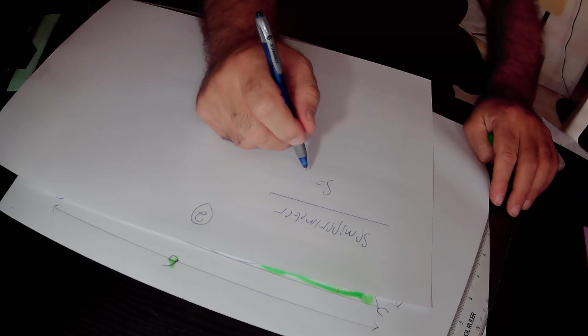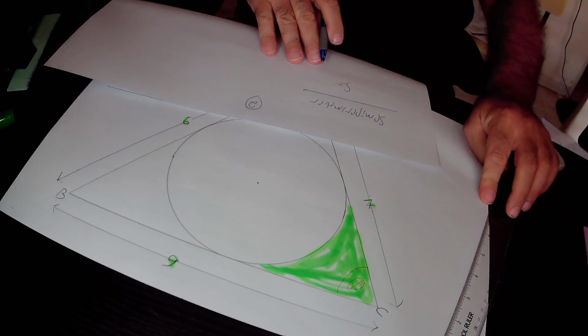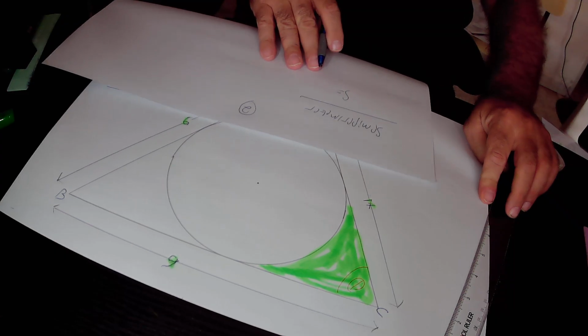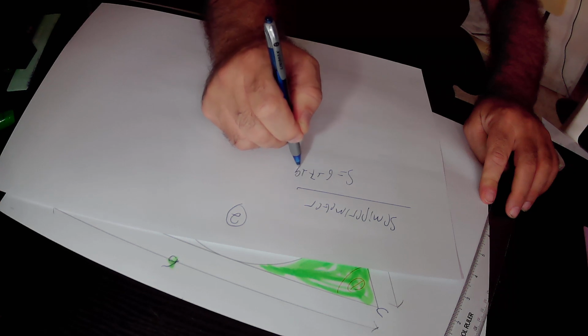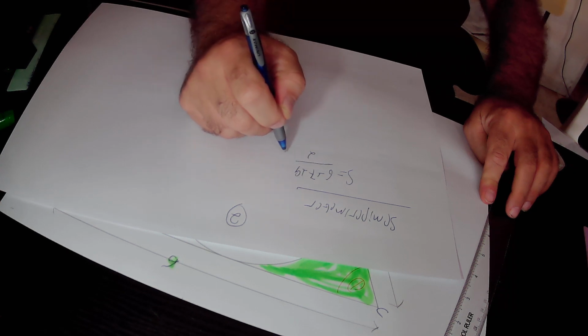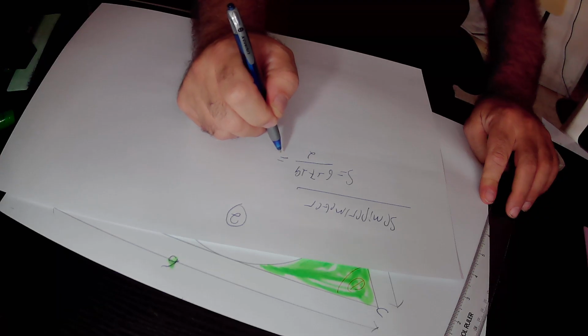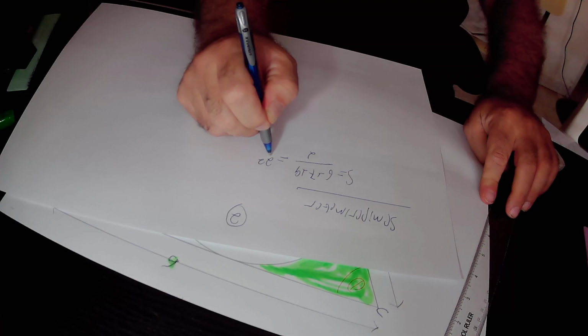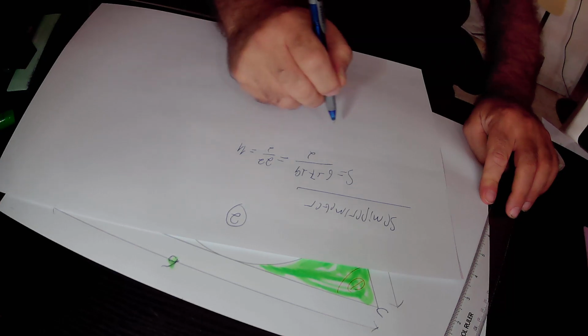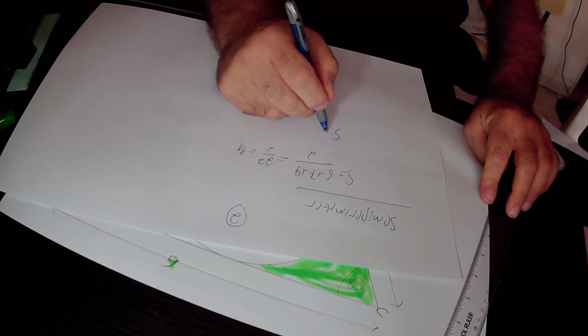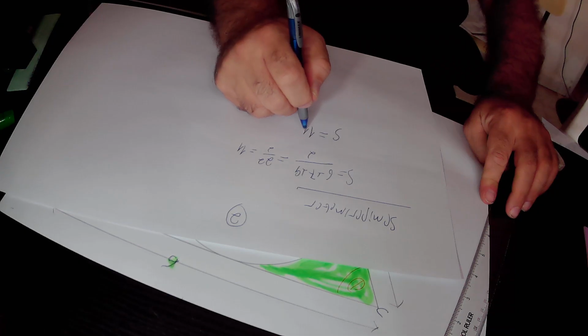The perimeter is the sum of the side lengths of triangle ABC, that is actually 6 plus 7 plus 9 divided by 2. 6 plus 7 is 13, and 13 plus 9 is 22, divided by 2. The semi-perimeter equals 22 over 2, that is 11. So the semi-perimeter of triangle ABC is equal to 11 units in length.